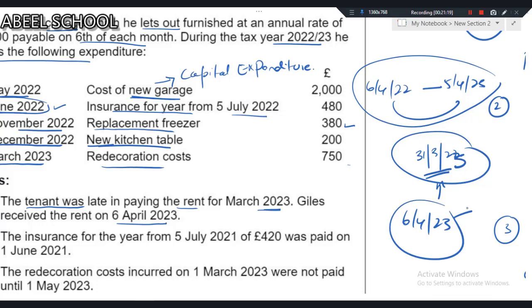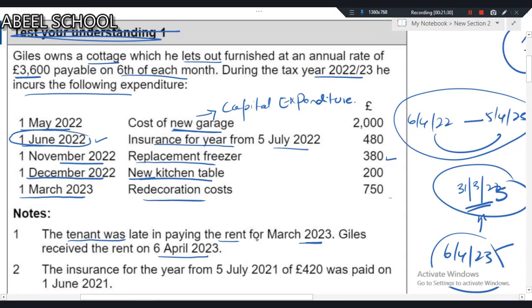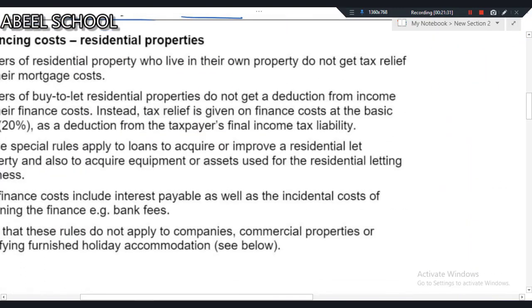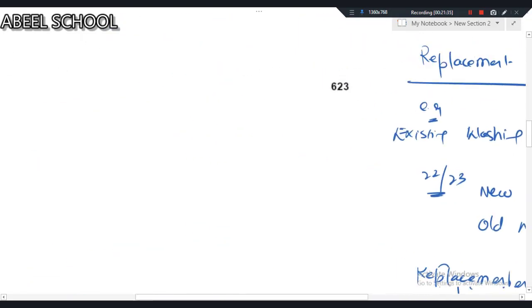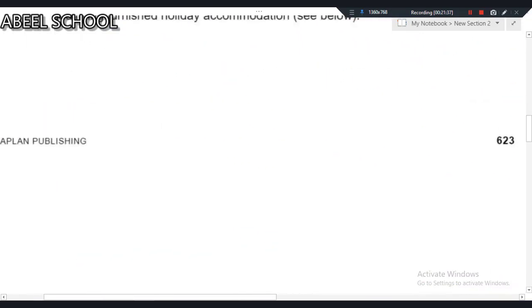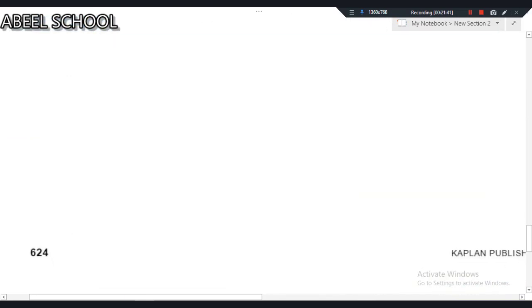Because in the last month he did not receive the rent and we are following a cash basis, not the accrual basis, only 11 months rent will be taken. So Gill's, and we are following cash basis.